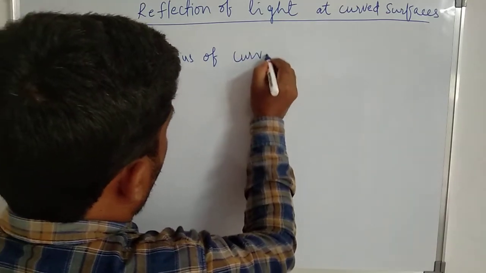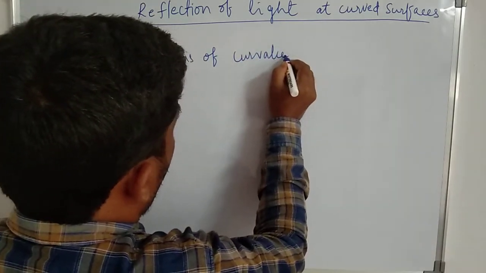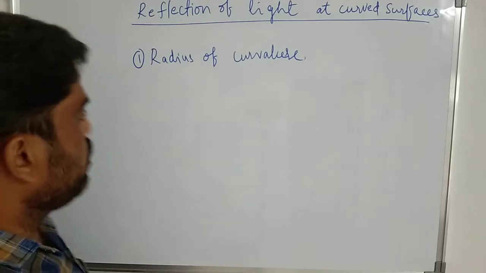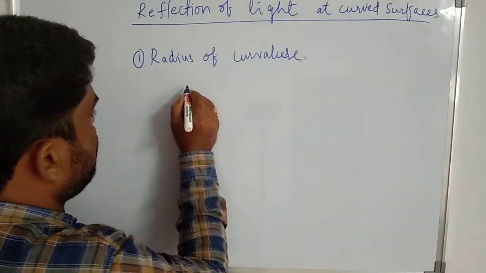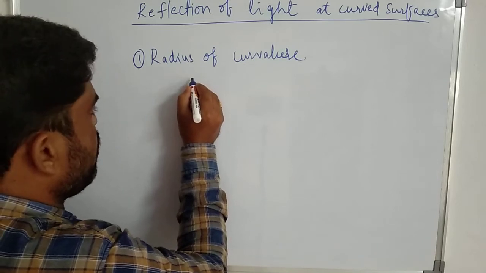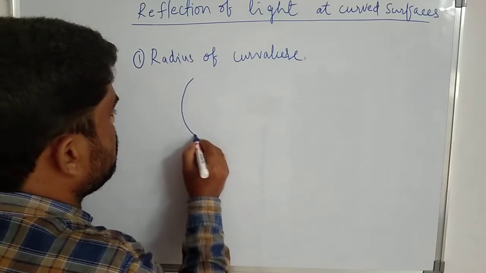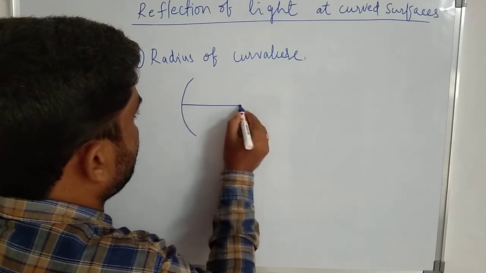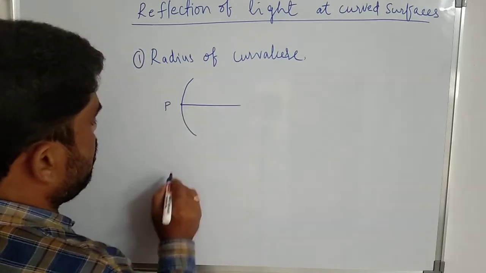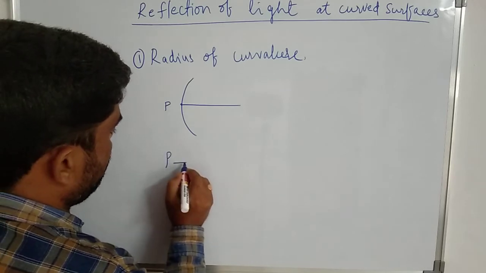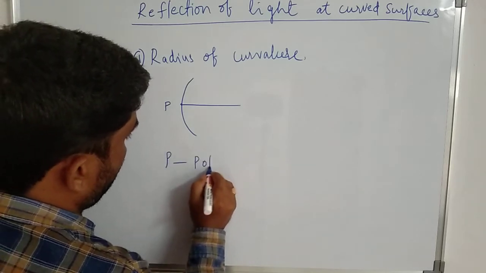Radius of curvature, first one. How can we say the radius of curvature? If we take any curved surface, it consists of these terms. This is one point, P. P is the representation for pole.